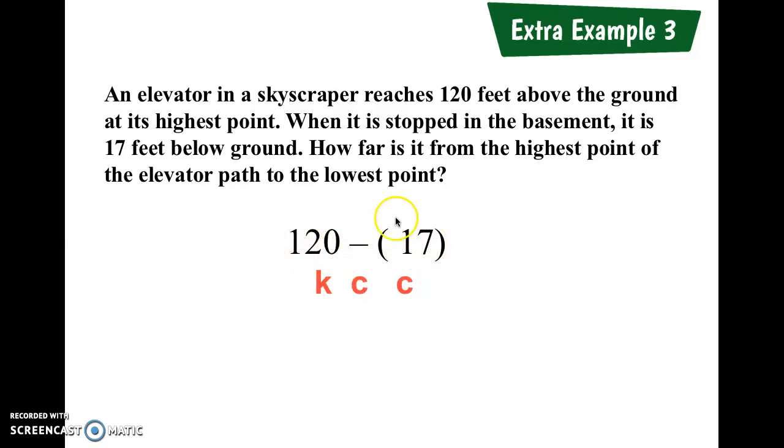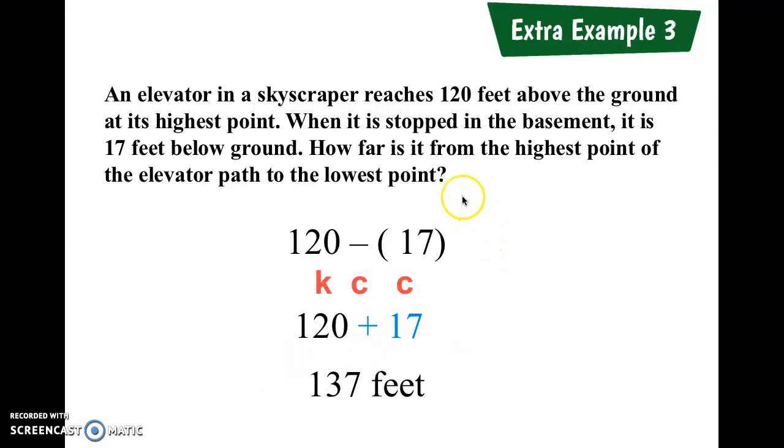Keep, change, change. We're going to change our subtraction to an addition sign. Remember I said this is negative 17. We're going to change this negative 17 to a positive 17. So 120 plus 17, two positive numbers. We're simply going to add them.